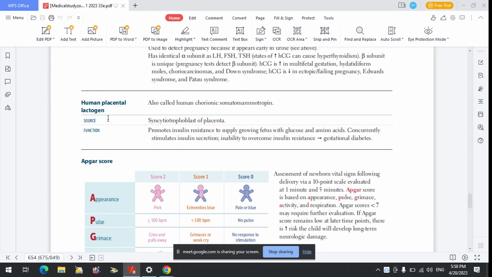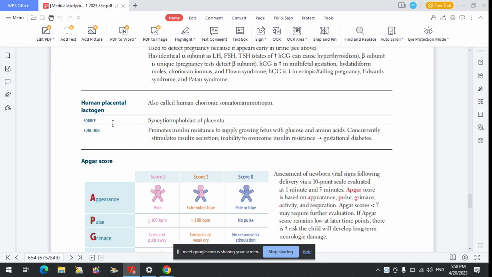Then I've talked about human placental lactogen, what it does. It's also known as human chorionic somatotropin. It's secreted from the syncytiotrophoblast of the placenta. What it does is achieve insulin resistance, blocking insulin so that it cannot work, so the mother cannot metabolize glucose but rather uses fat for her own metabolism.